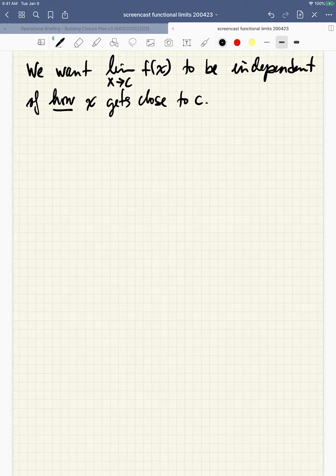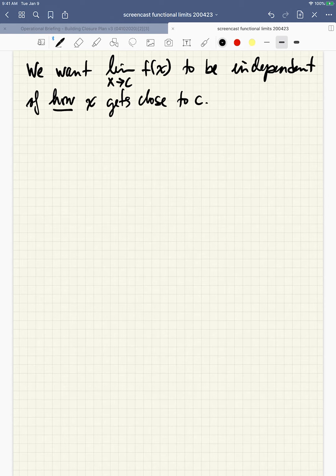What this picture demonstrates is that for any epsilon, I get an epsilon neighborhood around L, and that's what the yellow lines represent. I can find a delta neighborhood around c, which is what the orange lines represent, with the property that if I pick any x in that delta neighborhood that's different from c, I can go up and look at the function value.